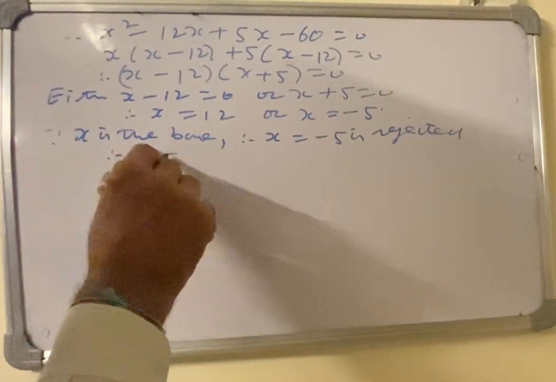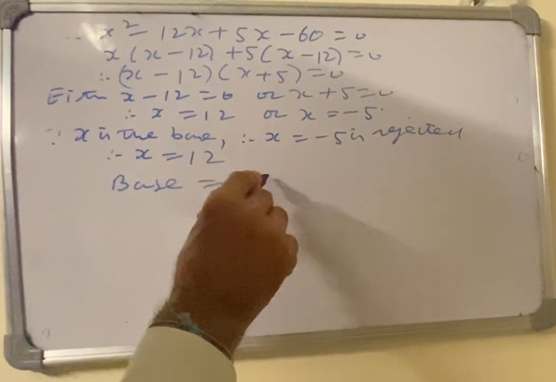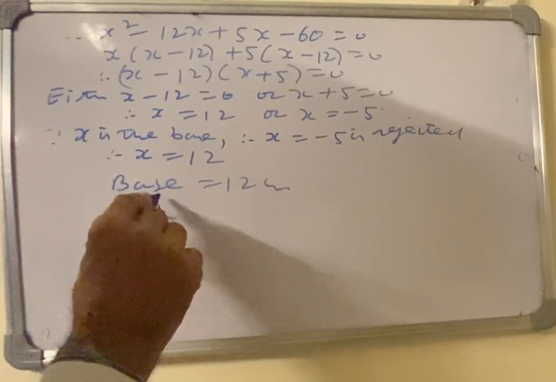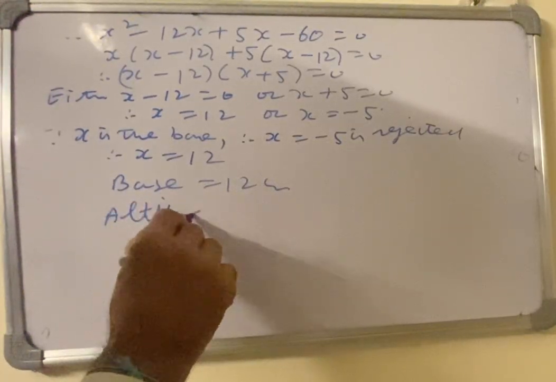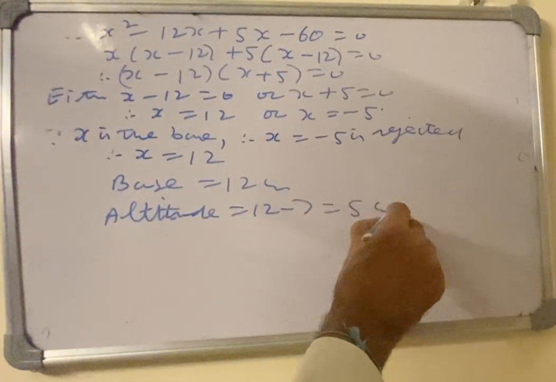Therefore x is equal to 12, base is 12 centimeters and altitude is 12 minus 7, 5 centimeters.